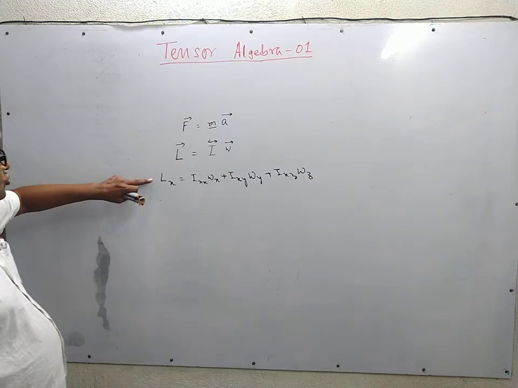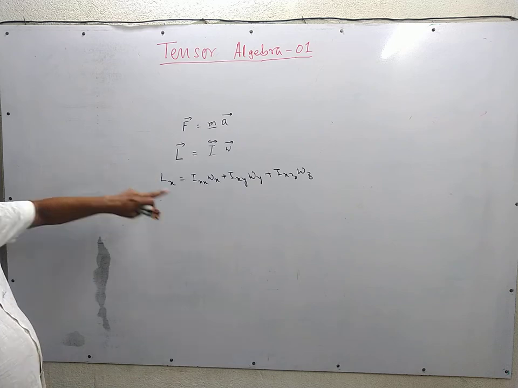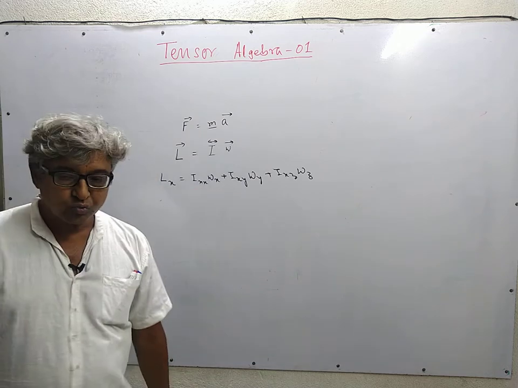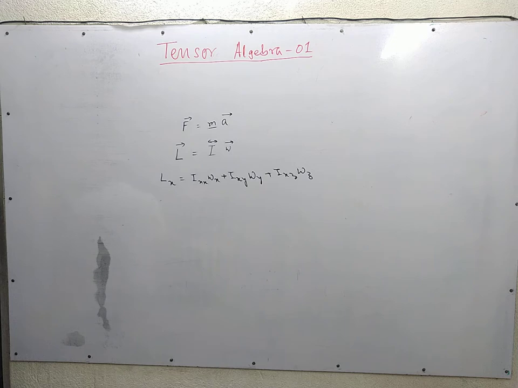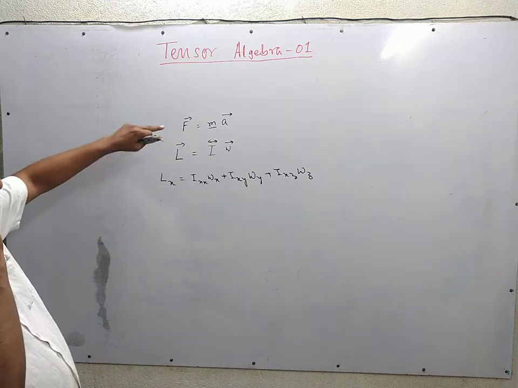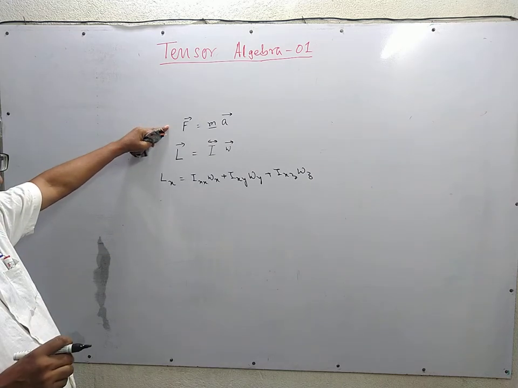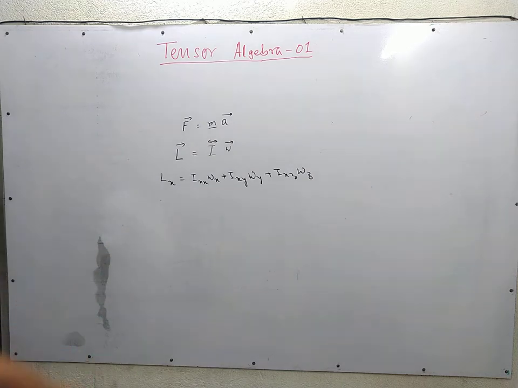So the x component of angular momentum depends on x, y and z components of angular velocity, and such a relation cannot be expressed in terms of vectors and scalars, and we have to go for the more generalization of vector, which is the tensor.